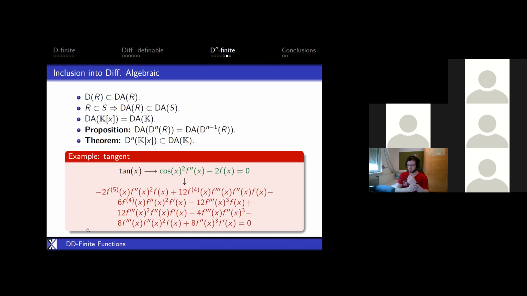Of course, this constructive argument does not provide the minimal equation. For that, you probably would need to take into consideration the initial values of the tangent, but here we are only using the differential equation, and that's all we got. But here we get a differential equation of order 5 and degree 4 with constant coefficients, which is okay for us.